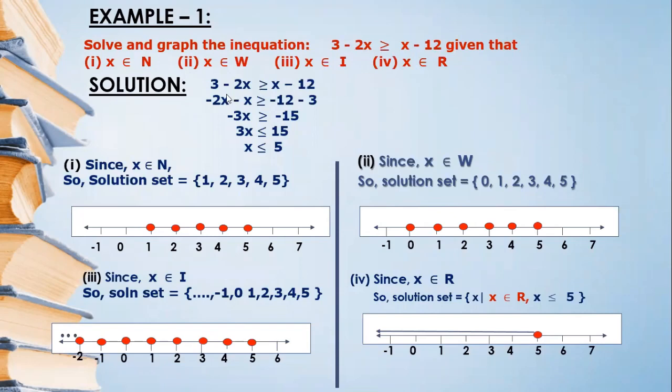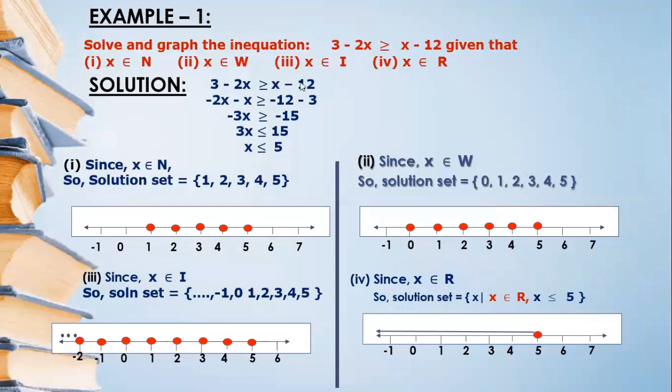First, let us have the equation, that is 3 minus 2x greater than or equal to x minus 12. So for finding the solution, we need to shift all x terms, that is variable terms, towards LHS and simple terms towards RHS. So here minus 2x we will keep here itself, and from right hand side we are going to shift this x towards left hand side, so it will become negative from positive.